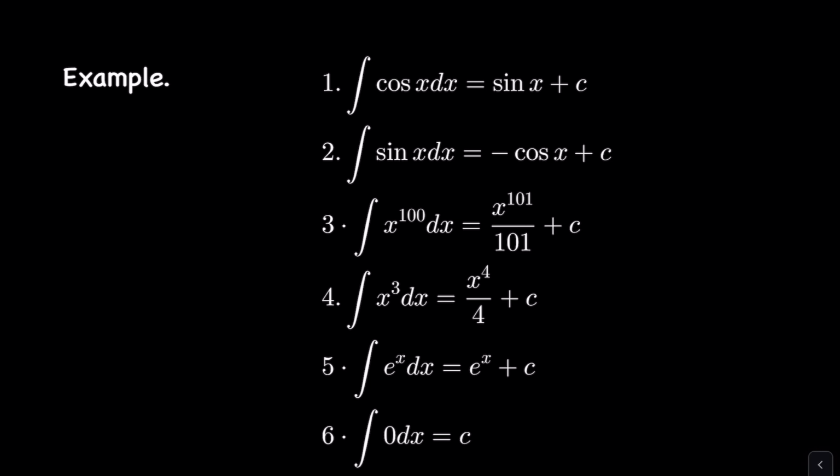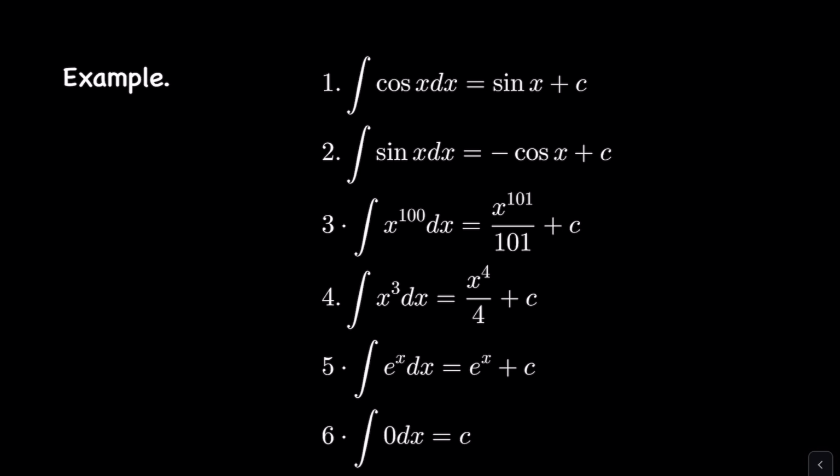Let's look at a few examples. This is the example that we just saw. The antiderivative of cosine x dx is sine x plus any constant. Now, in the second example, we want to find the indefinite integral of sine x dx. What does this mean? This means that I'm looking for a function whose derivative is sine. And you may say it might be cosine.